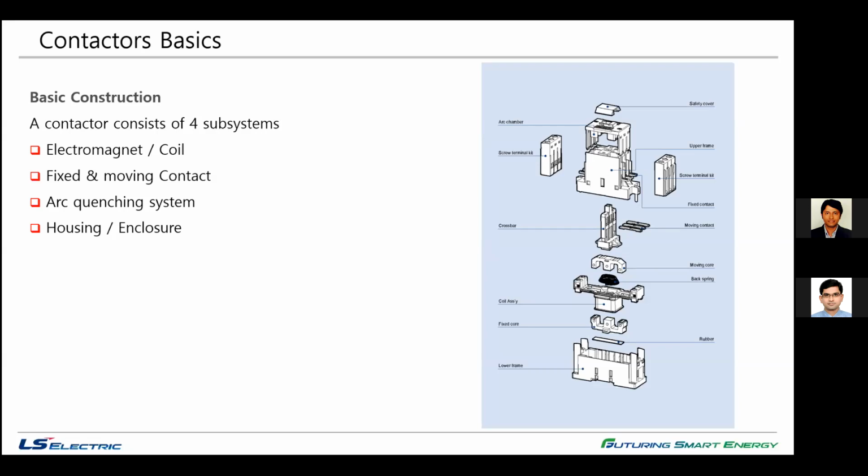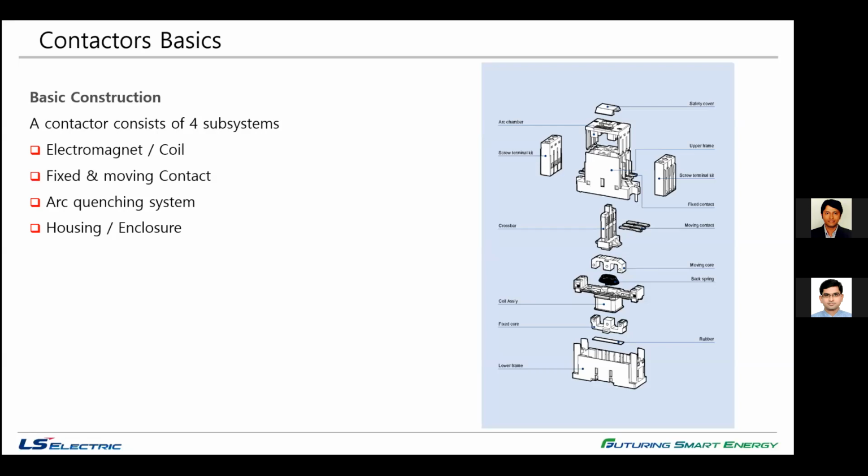Coil and contacts are protected by enclosures. Enclosures provide insulation and protection from personnel touching the contacts. The protective enclosure is made from different materials such as polycarbonate, polyester, nylon, bakelite, or thermoplastics.